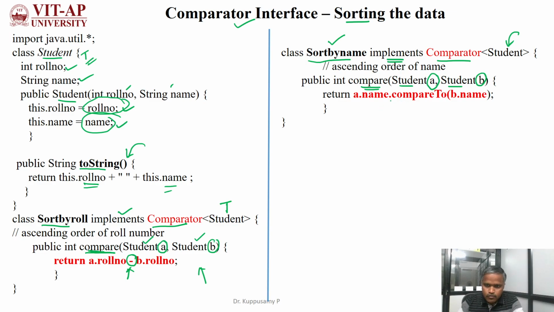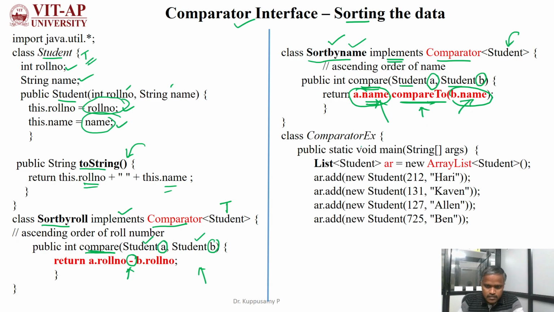Then I am using the string values, the name, with the compareTo method. So the first object's name is compared to the second object's name value. So it sorts the values with respect to the name, because I am using the name variable here, right?